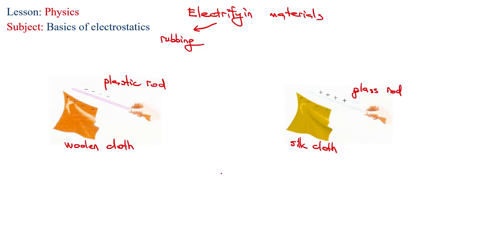For example, when you rub your comb into your hair, it becomes charged because of the rubbing, and that's the first way of electrifying materials. So both of the materials become charged. This one is negative and this one positive, but here it's the opposite. Here it's negative and here it's positive.